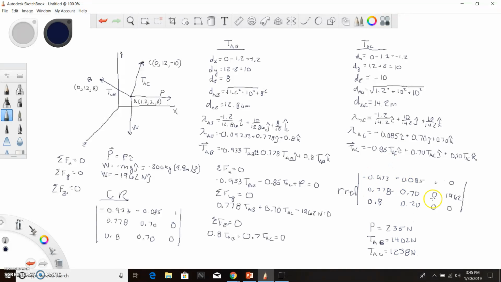This is where the reduced row echelon form, or Cramer's rule, comes in, because you have an equation for the sum of the forces in x, in y, and in z.